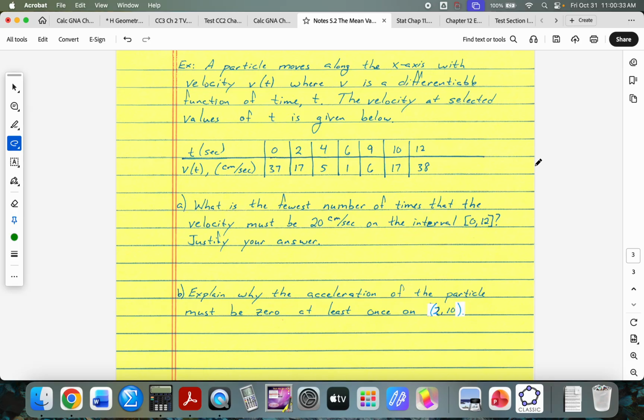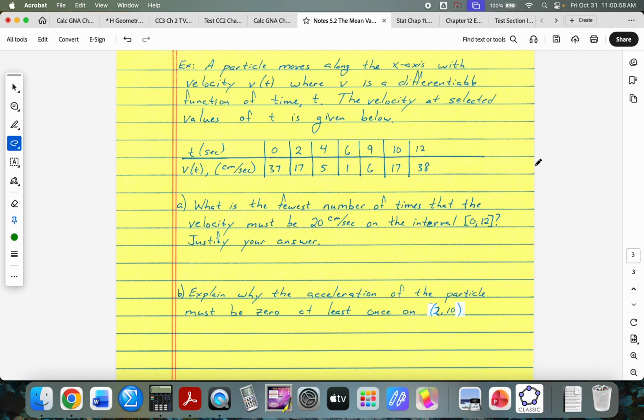So we're giving the time in seconds starting with 0 and not quite going every 2 seconds, but close to it. And then the velocity in centimeters per second.